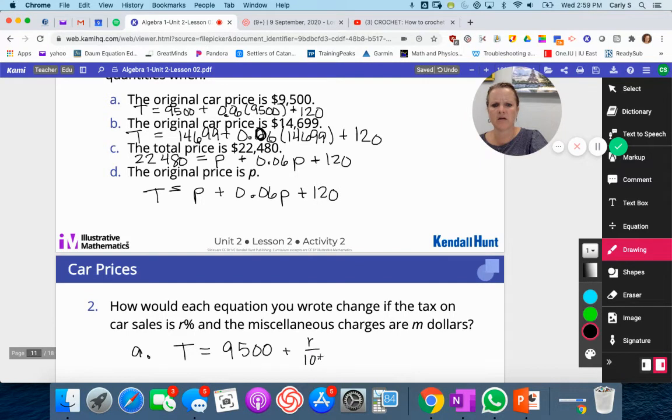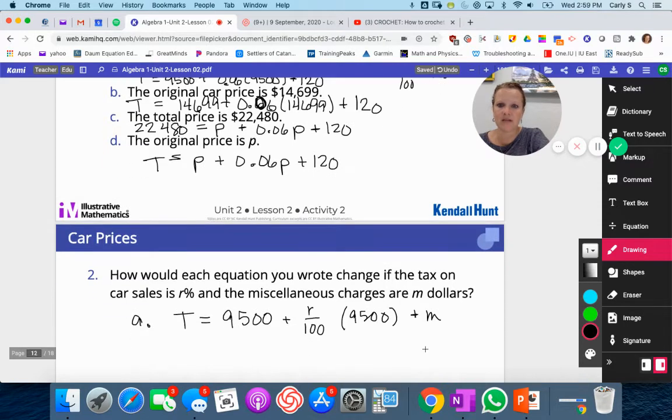So I'd put R over 100, because here the sales tax was 6%. I put it over 100 to get 0.06, and I used the 0.06 in my equation. So we'd have R over 100 times 9,500 plus M. It's M dollars. We don't know what it is.